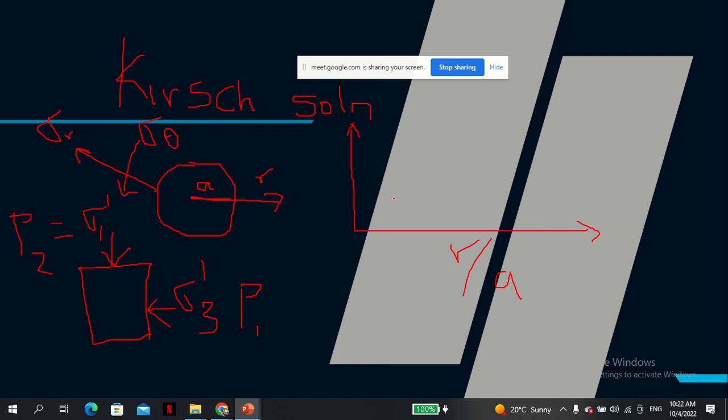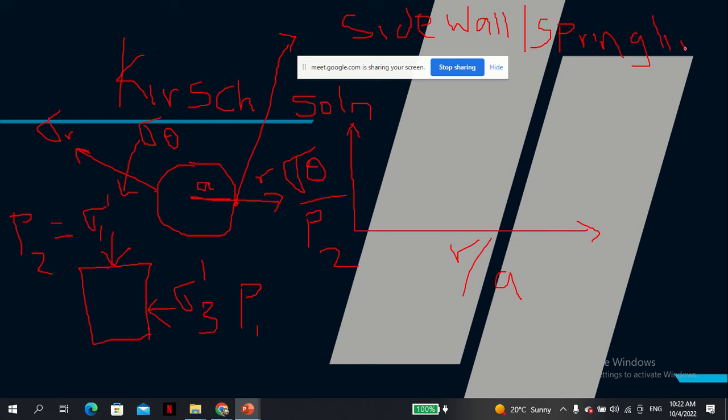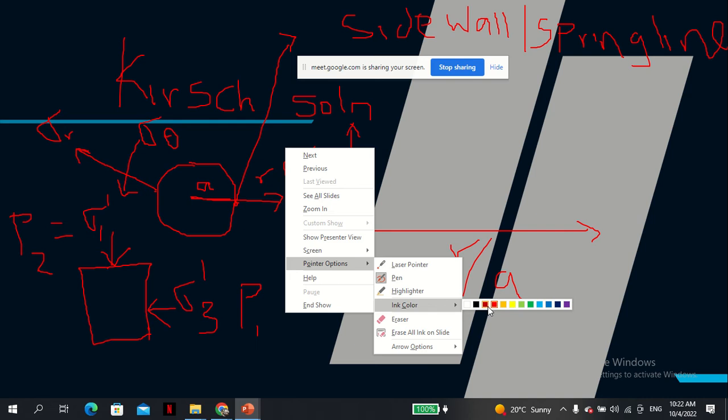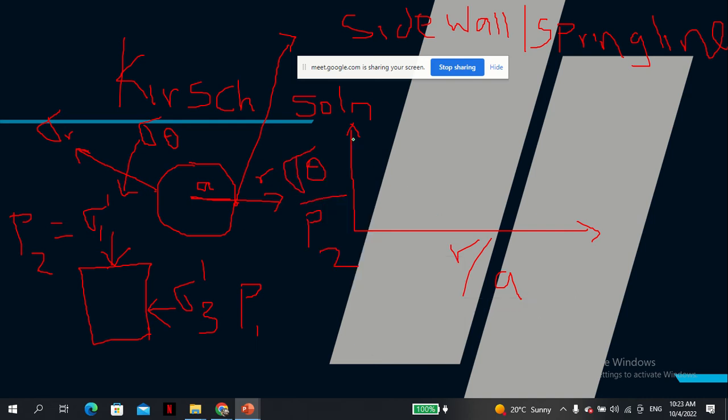So, if you are to plot the graph of the stress readjustment, sigma theta over P2, at this point, which we call the side wall, or we can call it the spring line, this curve goes something like this, for different values of k, in fact.